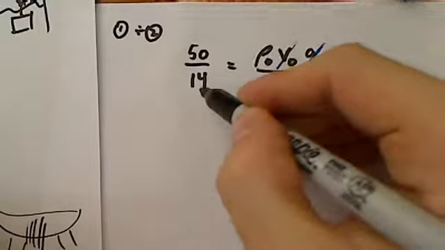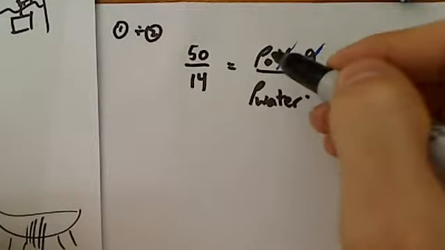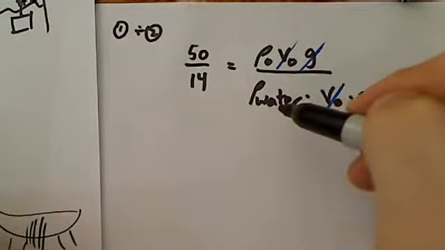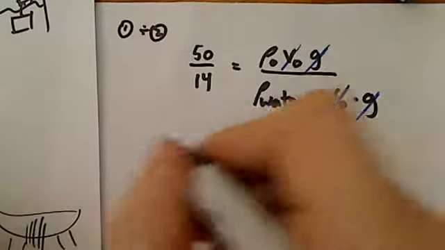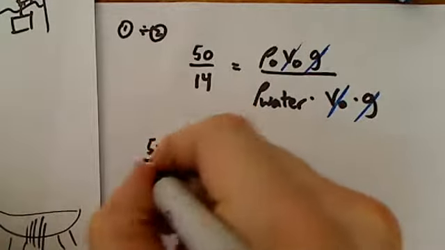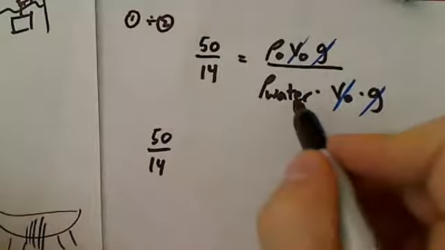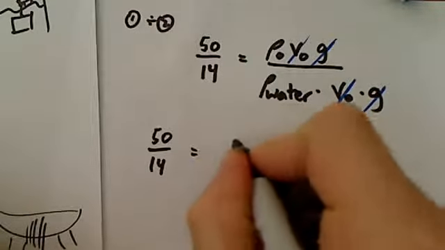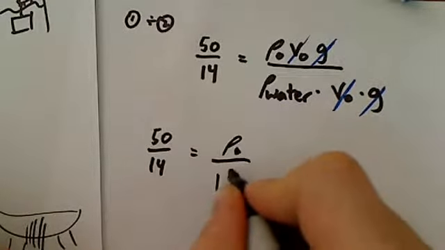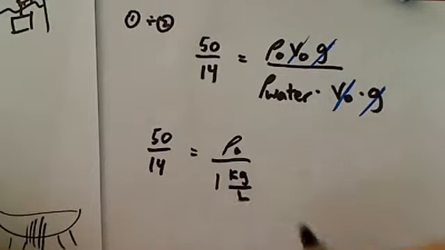Force of gravity divided by buoyant force equals density of the object over density of water. 50 over 14. The density of water is 1 kilogram per liter.